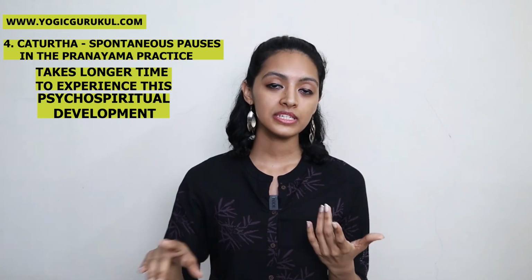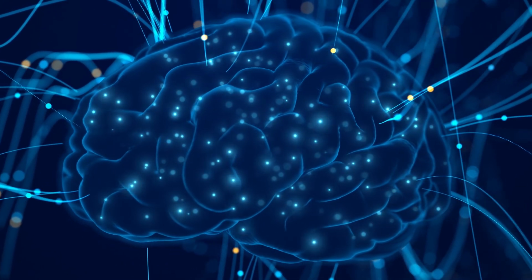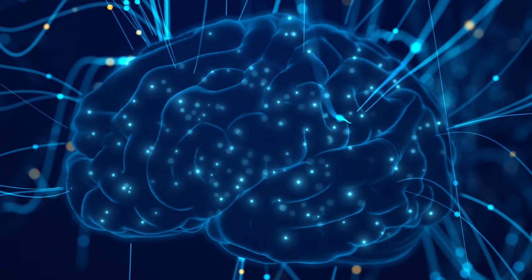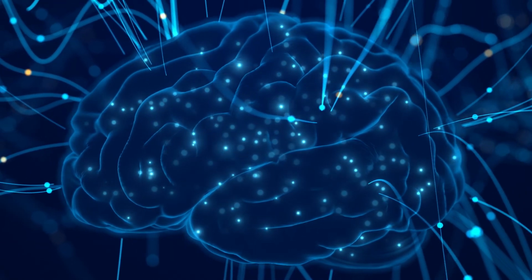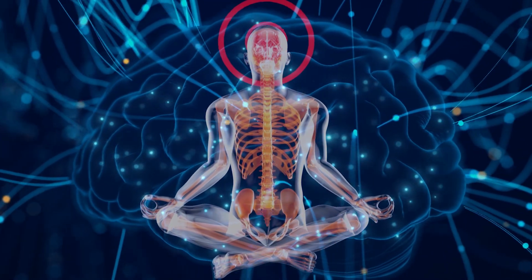Because with that slowing down of breath, what automatically happens is the mind, the thought waves, and everything else slow down as well. And when that happens, we can enter deeper states of meditation, pratyahara, later on. So this is the significance of this fourth variety of pranayama, and I hope you've been able to understand it.